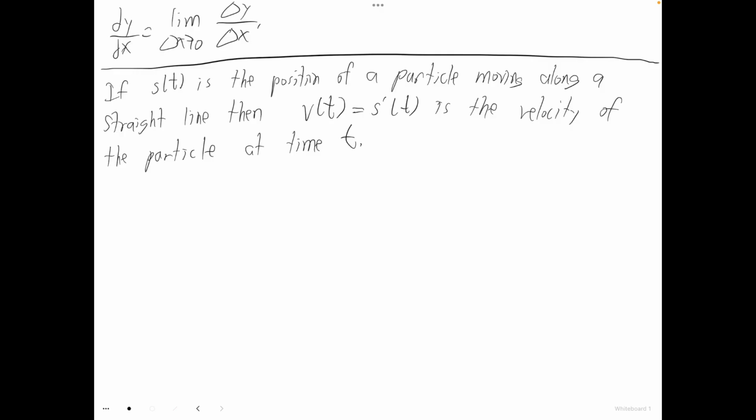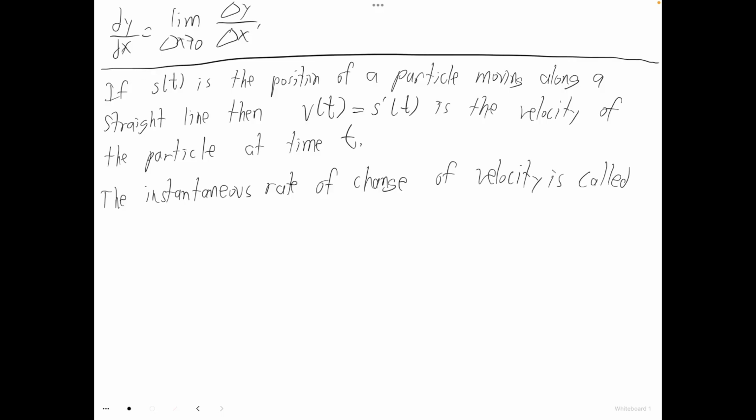The velocity is just telling us basically how fast we are going in a certain direction. And then the instantaneous rate of change of velocity is called the acceleration.